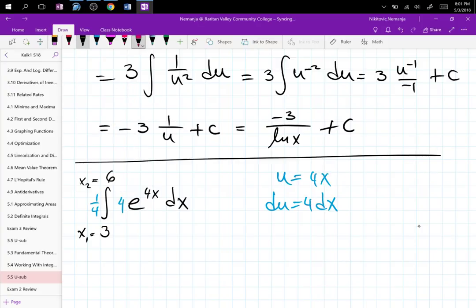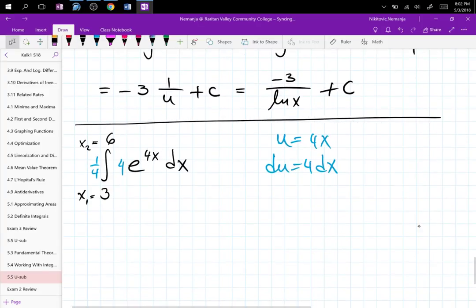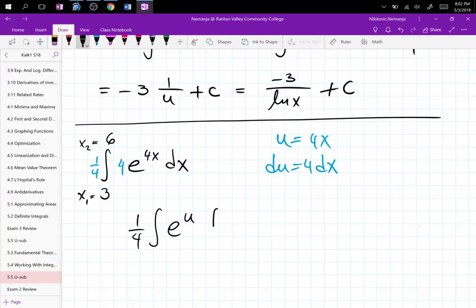But now the new component is transforming the limits, because when I write my next line, which is 1/4 integral e to the u du, this integral is no longer in x. So your limits 3 and 6 do not apply anymore. You can't use them. So what you have to do is transform limits as well.